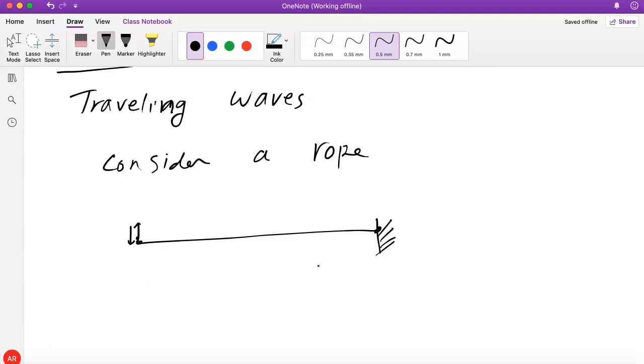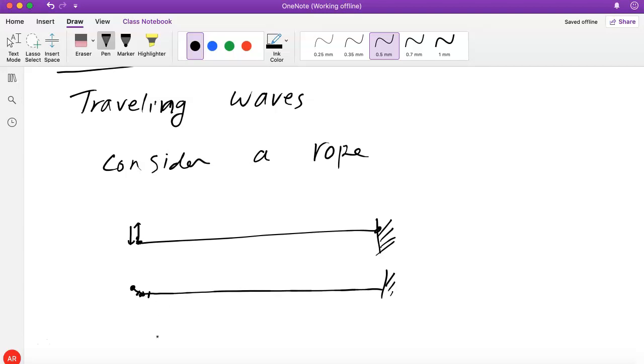So assume the rope is here. This end you've pulled up slightly. So as you pull up, if you look at this tiny piece over here, let's look at this tiny piece over here.